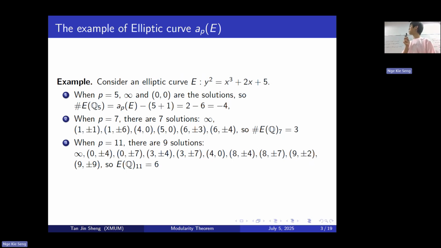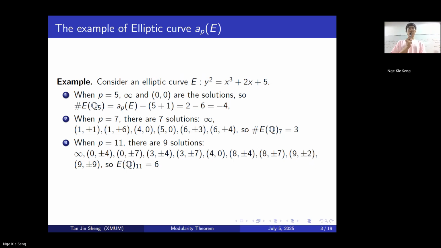So the error integer is given by -4. You can see the calculation here. Next, when p equals 7, there are 7 solutions here. The error integer is given by 3. When p equals 11, we have 9 solutions here. So the error integer is given as 6.